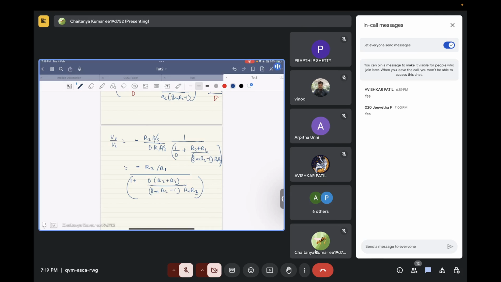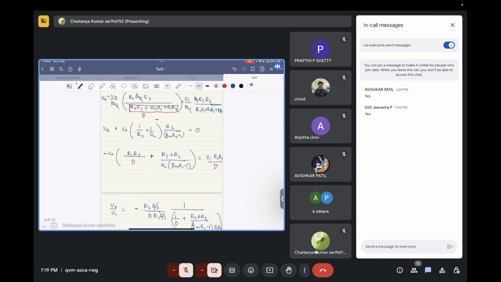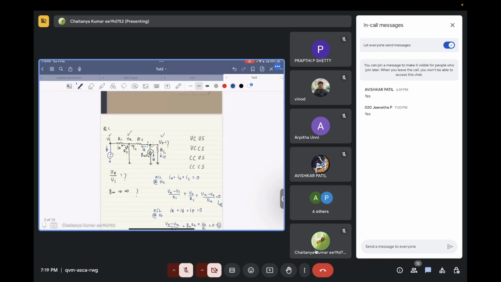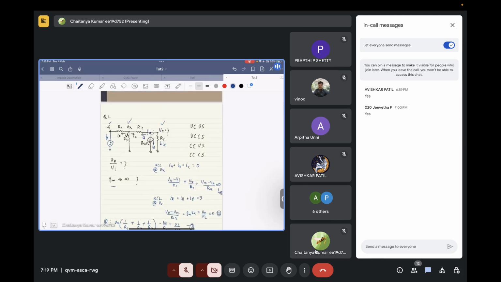So this is how the equation looks. It looks complicated, right? So what was the second part of the question? The second part of the question asks what happens if GM tends to infinity.